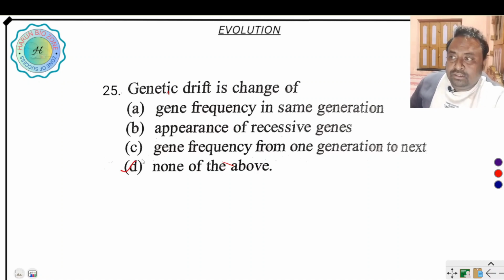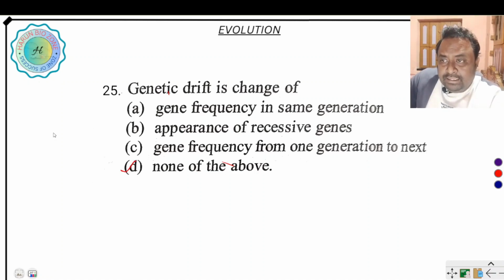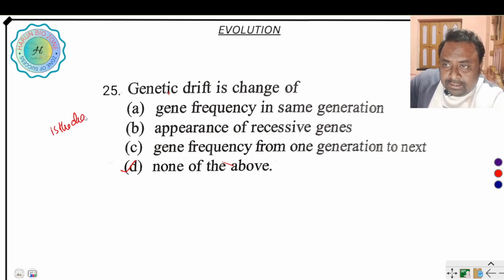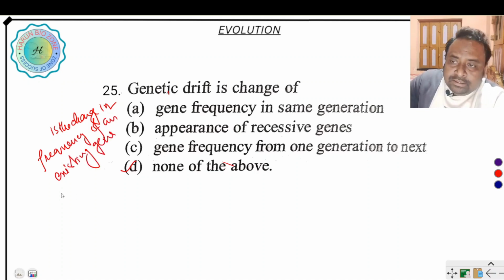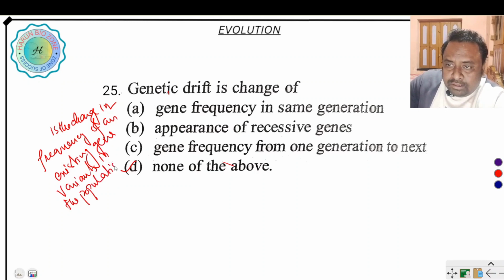This is the answer, because genetic drift is the change in frequency of existing gene variants in the population due to random chance rather than natural selection.